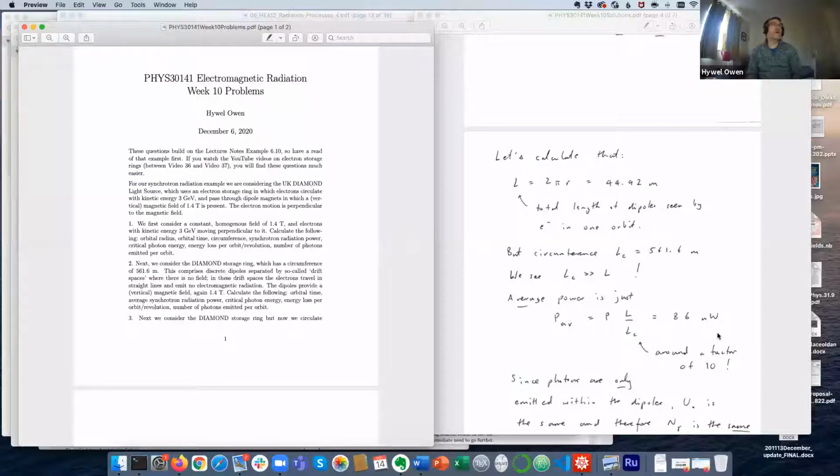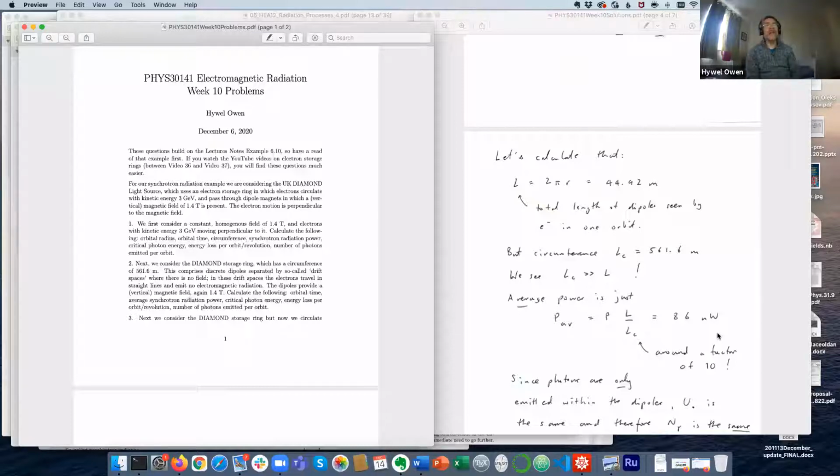Now, on the chat, there's a question which is, why does Diamond use 48 dipoles in particular? Yes, there's many reasons. The reason that many dipoles are used is because Diamond is composed of a series of achromatic bending sections. This is a realm of particle accelerators called accelerator physics. This is my research area. In fact, I actually did the Diamond storage ring design some years ago, so I know this particular design quite well.